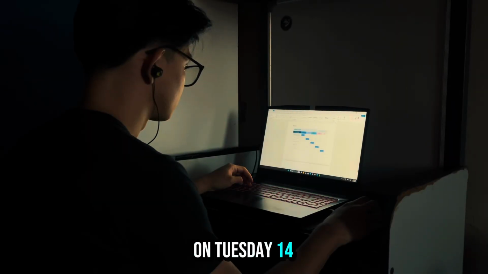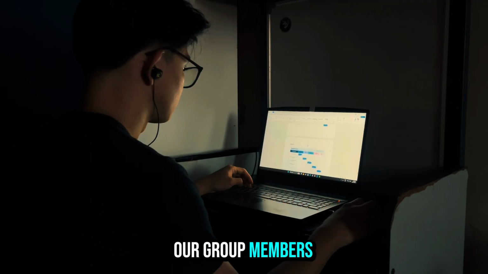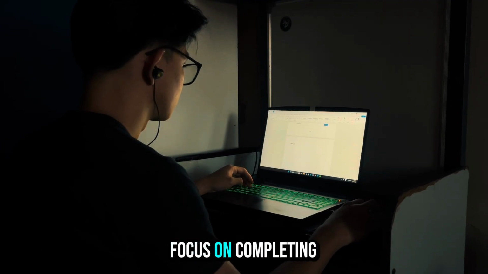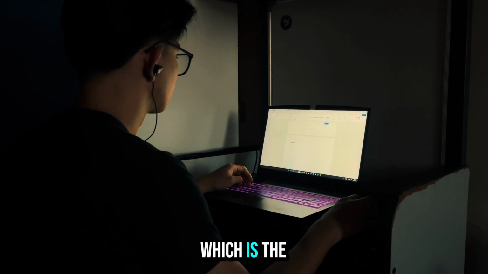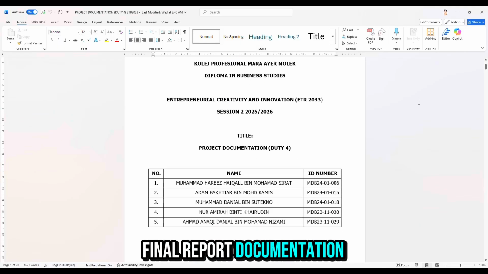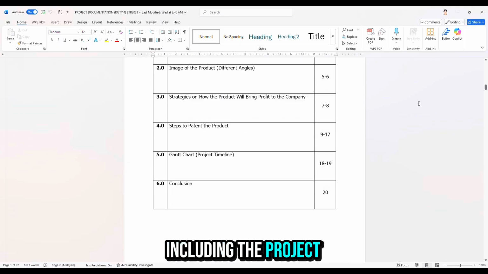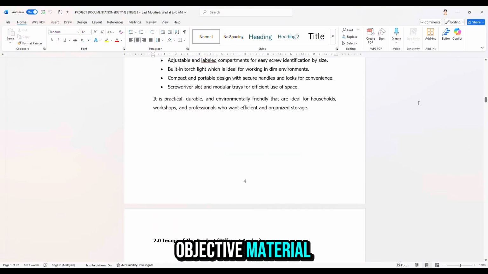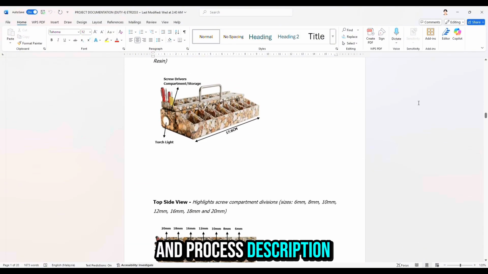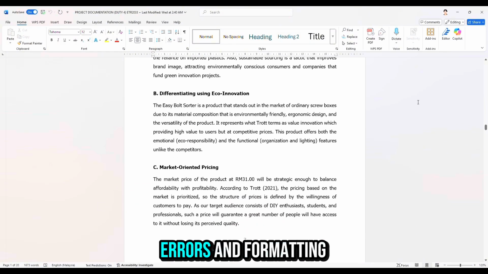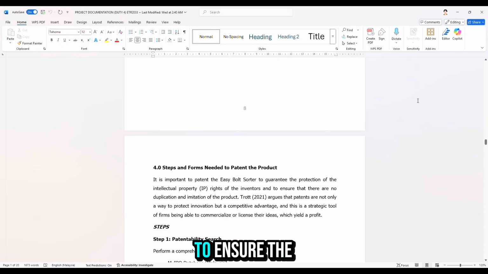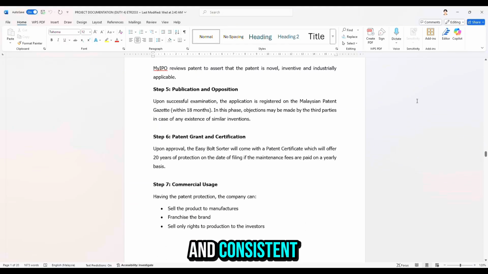On Tuesday, 14 October, our group members Haris and Anaki focused on completing task 4, which is the final report documentation. They reviewed all sections of the report, including the project background, objective, material, and process description. They also checked for grammar errors and formatting issues to ensure the report looked neat and consistent.